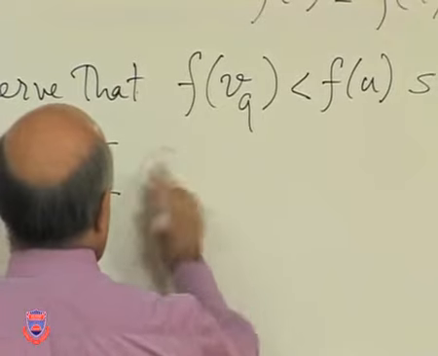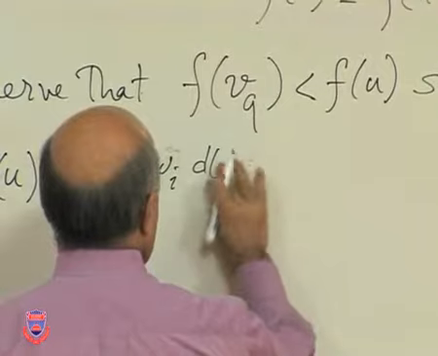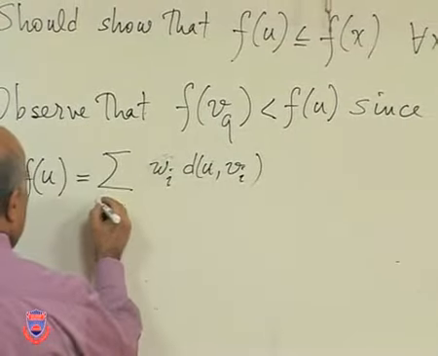The sum of Wi times the distance d(u, vi) over all indices.